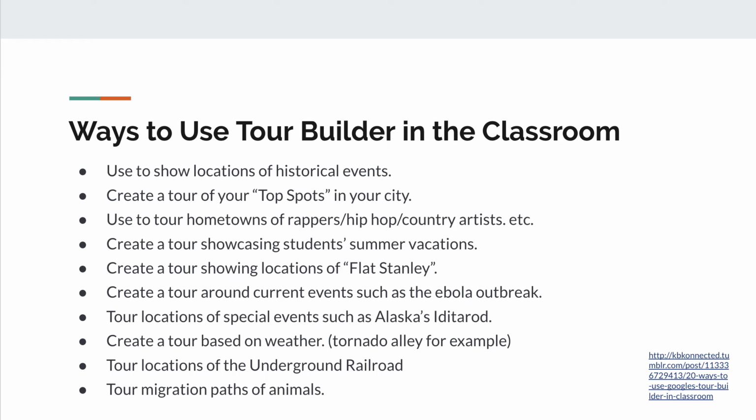If you wanted to create a tour of something in the current events that they're reading in the news, you could do that, create locations of special events, create a tour based on weather and locations of, for example, the Underground Railroad, and tour migration paths of animals. So that's a whole bunch of ideas that I found on this blog that's linked here, but those are just to get your wheels spinning about ways to use it.